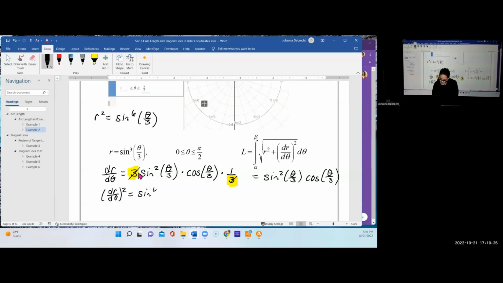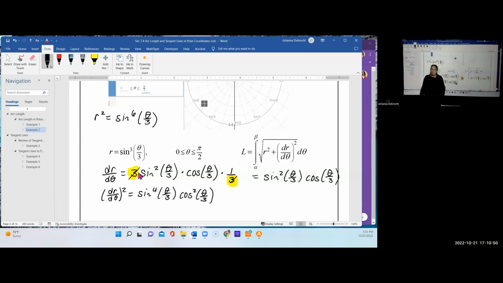This gives me sine to the 4th of theta over 3 cosine squared of theta over 3. When you're squaring it, make sure that you're not also squaring the argument. That would be incorrect. It's sine raised to the 2nd power to the 2nd power, which is sine to the 4th, and cosine to the 1st to the 2nd, which is cosine squared.